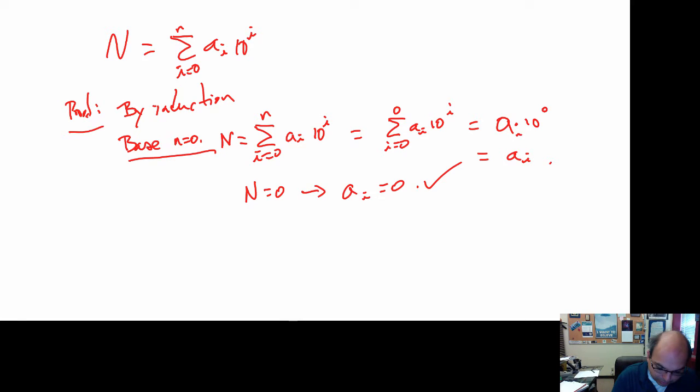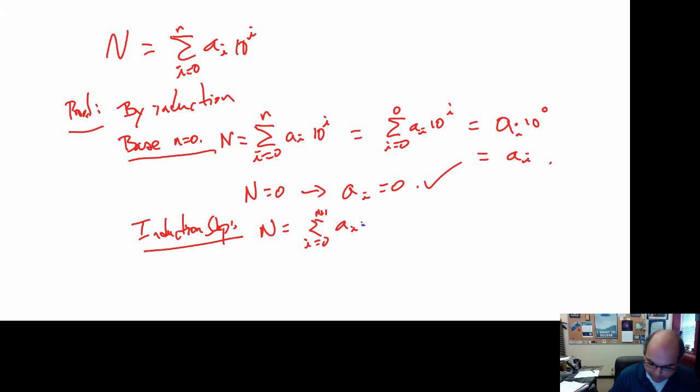Okay, so our induction step is going to look like this. N is equal to the sum from I equals 0 to n plus 1 of a sub I times 10 to the I. Okay, and what I'm going to do is try to break that up into two pieces.